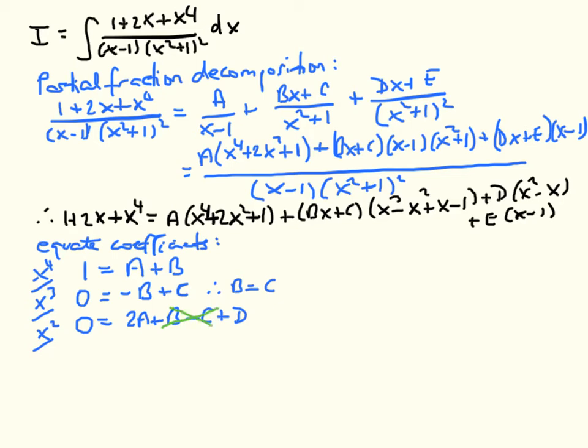Let's now look at the coefficient of x to the power 1, and on the left hand side we have two of them, and on the right hand side we have nothing with a, but with b we have x times minus 1, so that's minus b, and with c we have c times plus 1, so we get plus c.